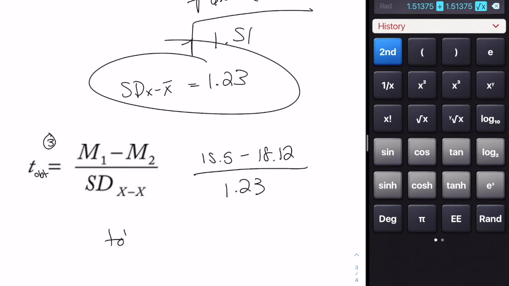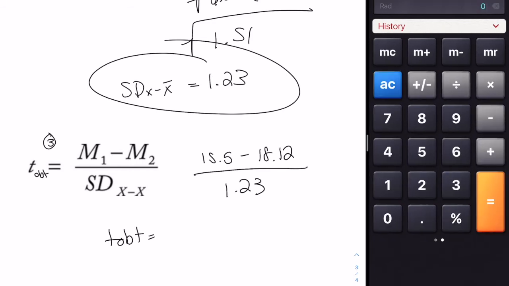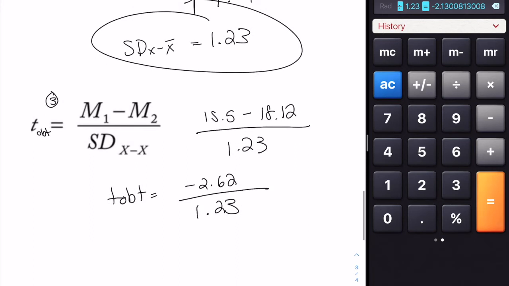Our t obtained equals 15.5 minus 18.12, which equals minus 2.62, divided by 1.23, which gives us a value of negative 2.13 t obtained.